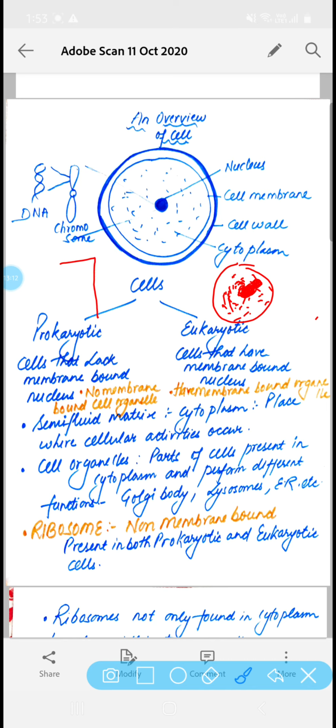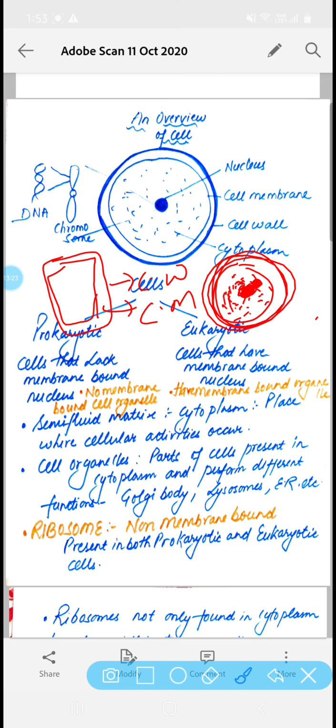And if I draw a plant cell, it has a cell wall, cell membrane. Cell wall was absent here, but it is present in the plant cell. Clear?